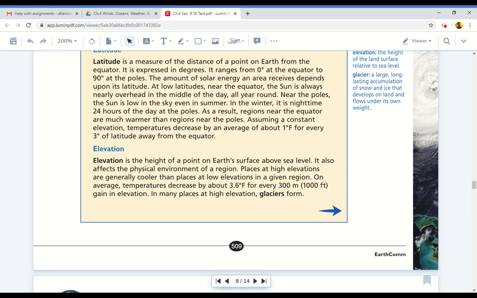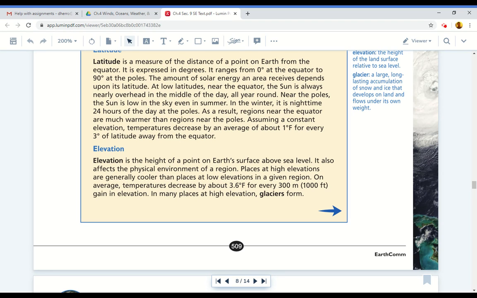The amount of solar energy an area receives depends upon its latitude. At low latitudes near the equator, the sun is always nearly overhead in the middle of the day, all year round. Near the poles, the sun is low in the sky in even summer.